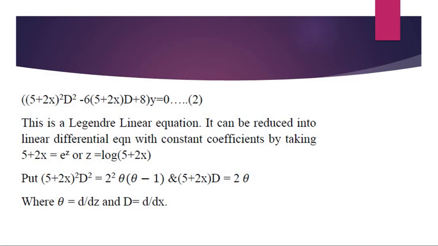This Legendre linear equation can be converted into a linear differential equation with constant coefficients by taking e power z equal to 5 plus 2x, or z equal to log of (5 plus 2x). Also, (5 plus 2x) the whole squared into D squared is 2 squared into theta into theta minus 1, and (5 plus 2x) into D is taken as 2 theta, where theta is d by dz and D is d by dx.